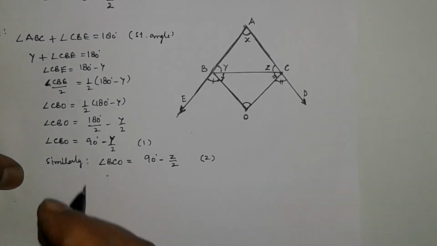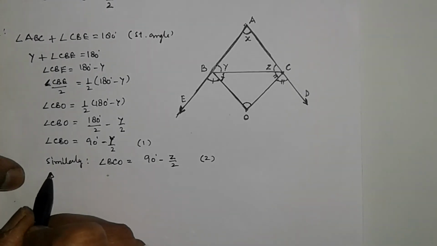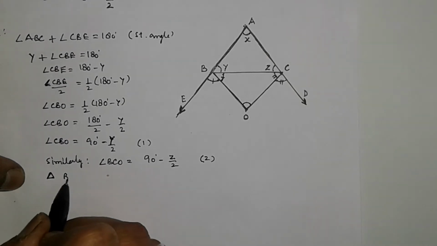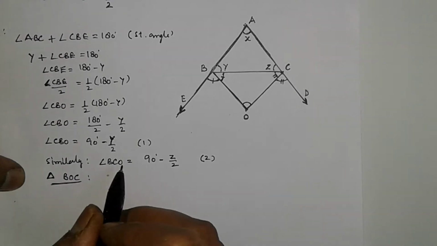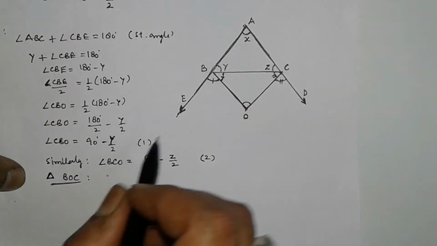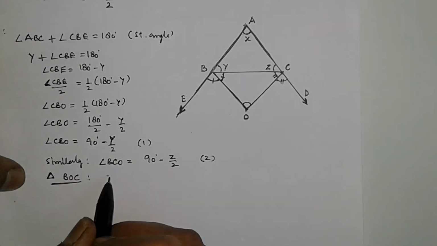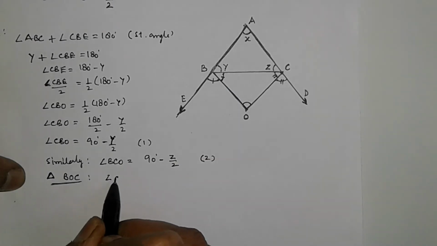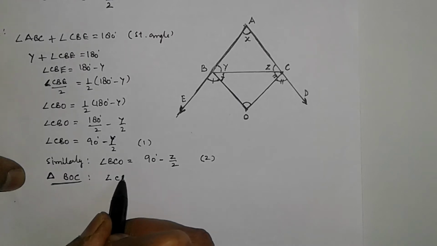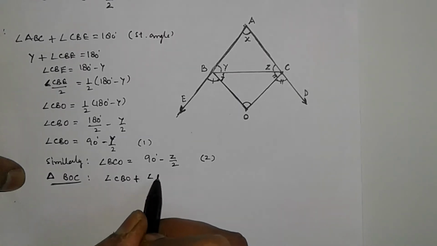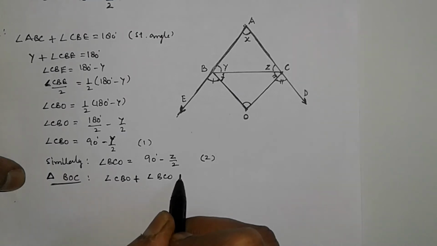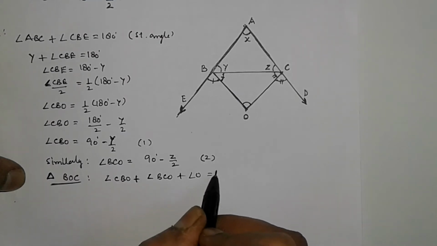Now in triangle BOC, angle CBO plus angle BCO plus angle O is equal to 180 degrees.